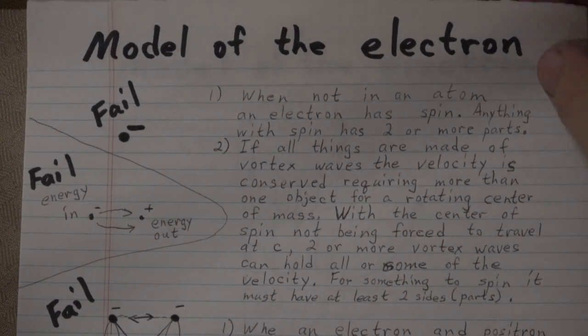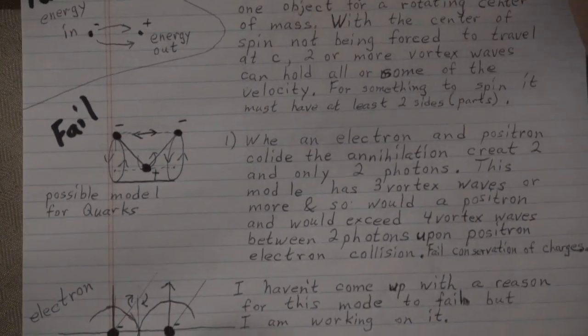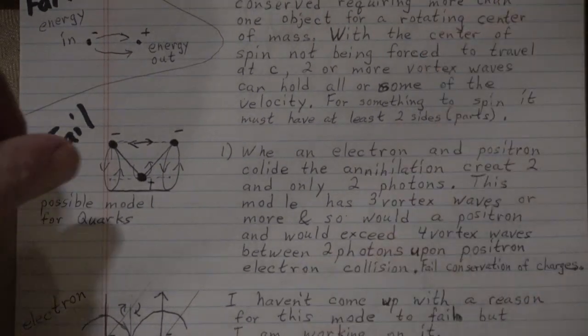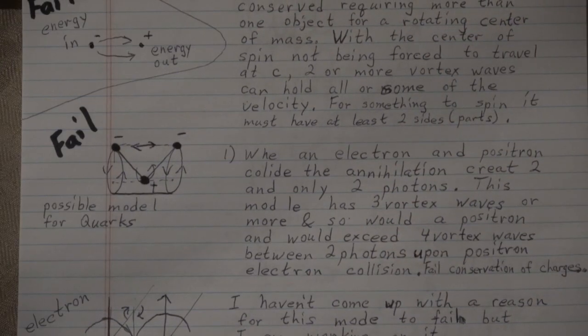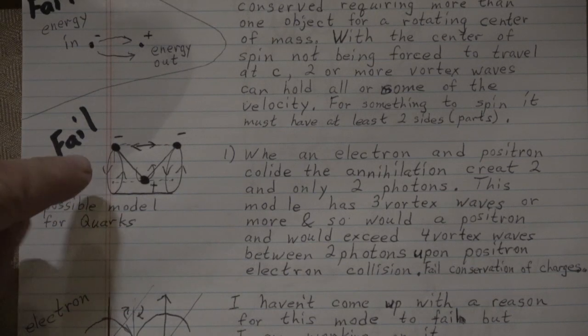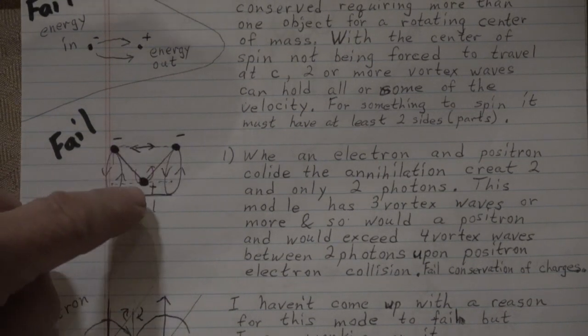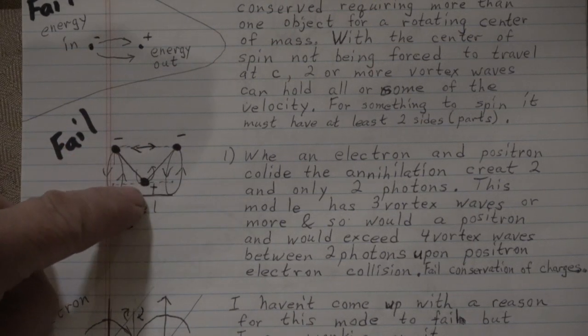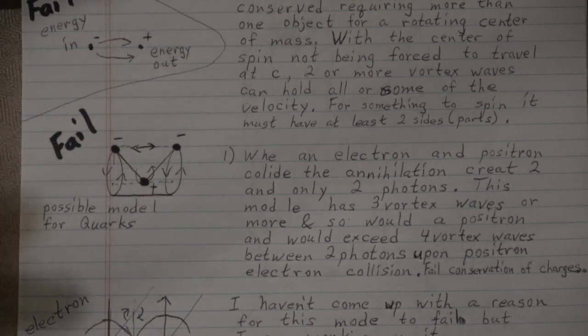The model that I was using that failed miserably is this one. I modeled it after quarks. The issue with quarks is you have two negative charges and a positive charge, or two positives and a negative, and you have three systems virtually going around in simple spin.